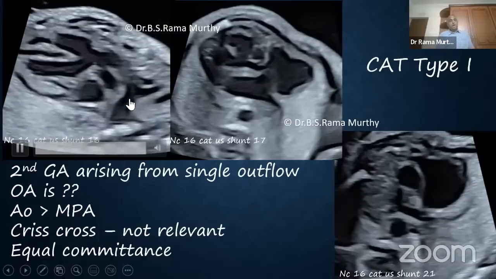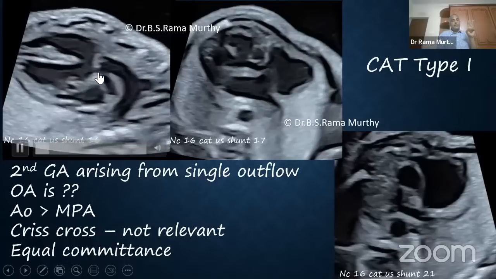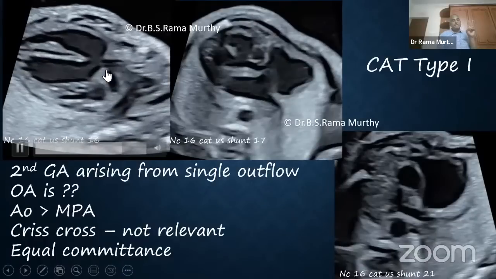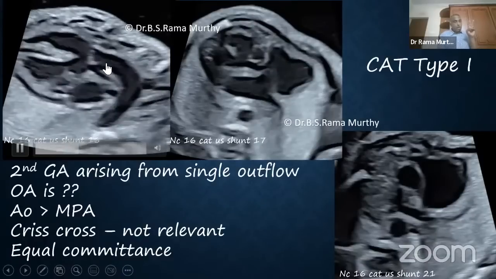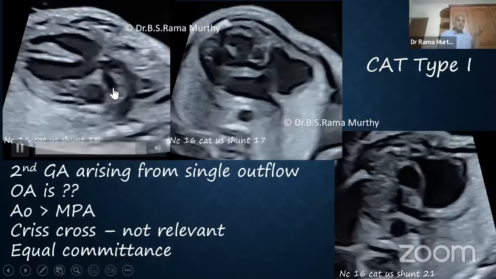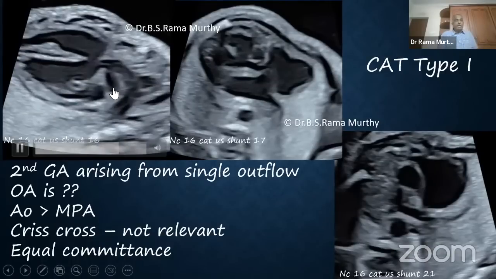So now our job is done. There is no second great artery, because a great artery is a great artery. If the pulmonary artery had come from the ventricle... it is not coming from the ventricle, it is coming from the aorta, it is coming from the common arterial trunk, and therefore this is the pulmonary artery, which technically doesn't merit being called a great artery.